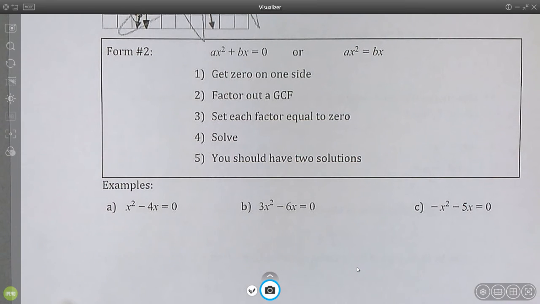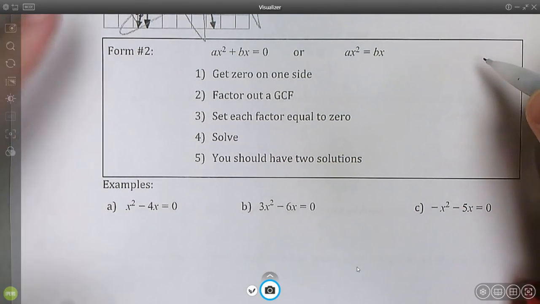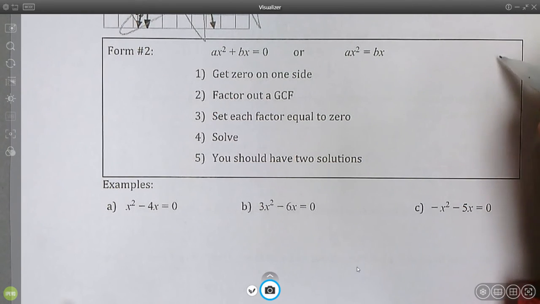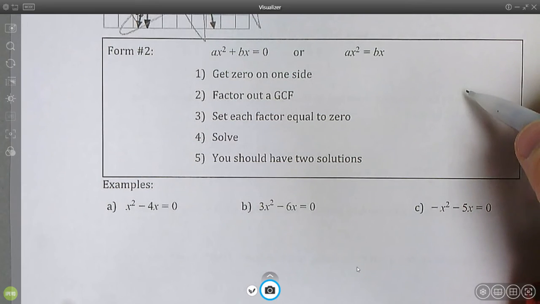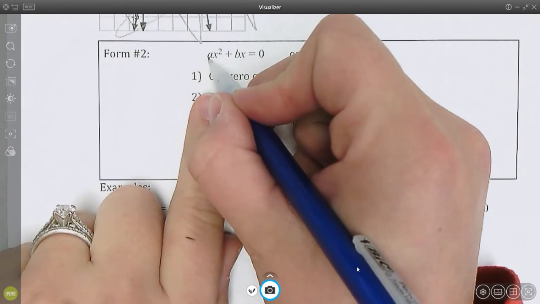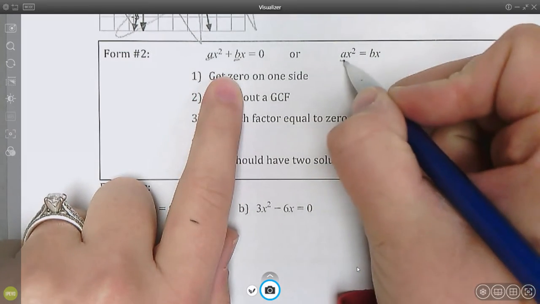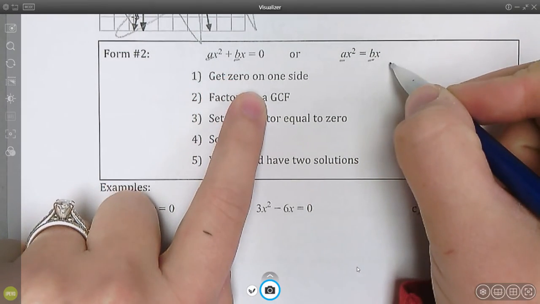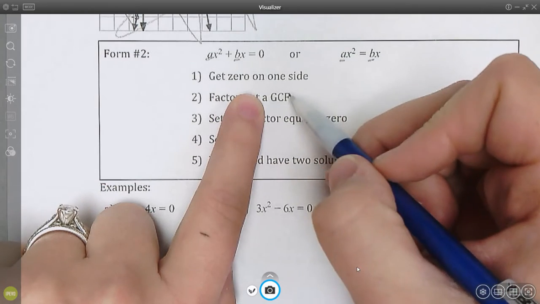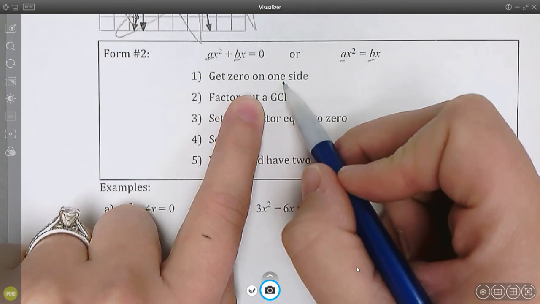Okay, so we had talked about two different forms. Our first form we talked about was if you only have an a and a c value, you square root. If you have an a, b, and c, you factor and then solve. So now we only have an a term and a b term. So if you have an a and a b term, that means you're going to get 0 on one side, like we did.